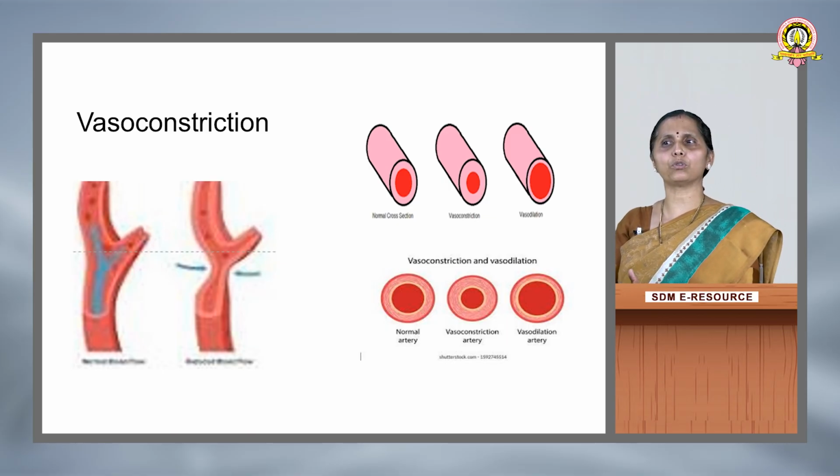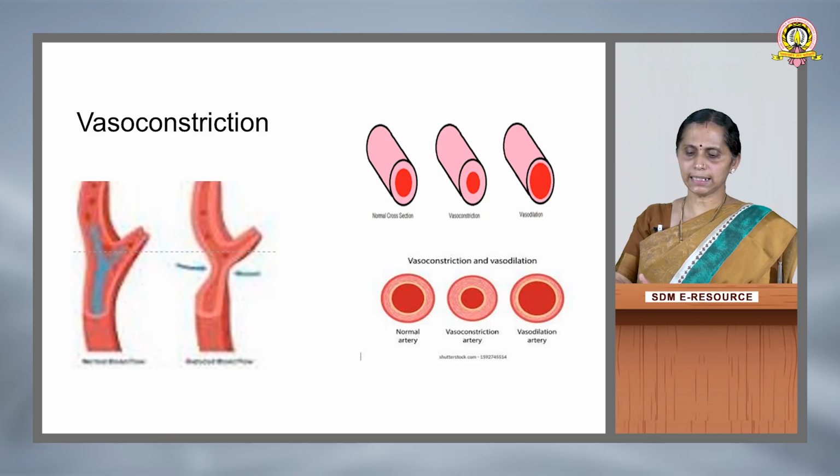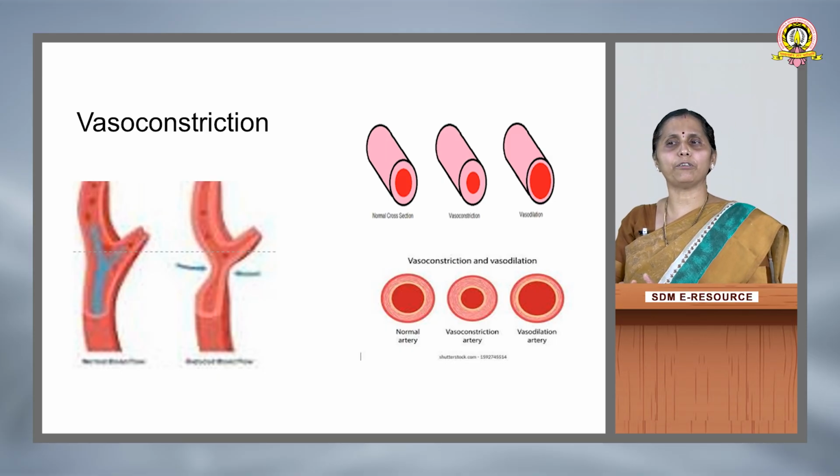But here we are more concentrating on vasoconstriction. This vasoconstriction reduces the blood flow to the distal part from the site where the vasoconstriction has occurred. We can easily understand this by seeing the size of the lumen, and this is applicable for veins and arteries.